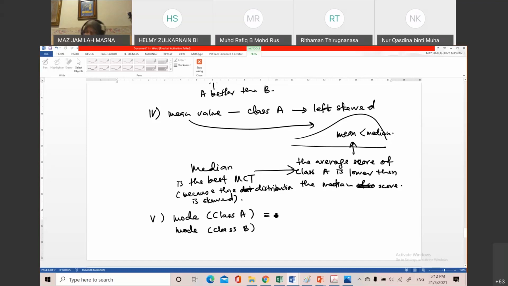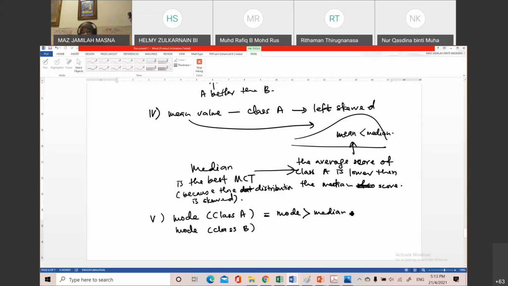What is the value of the mode? Class, remember the concept of skewed reflecting the mean, mode, median. Mode is bigger than median and mean. Yes. So for class A, mode is greater than the median.